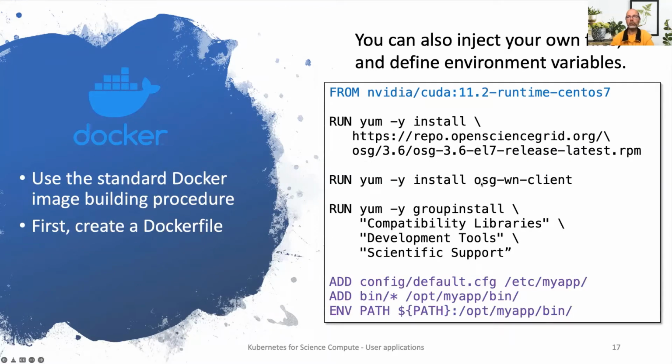But you don't have to stop at just doing yum installs. For starters, you can run any command you want, but you can also add files and set environment variables. For example, if you have your own software that you built locally, you can just inject it there, or you can create configuration files and put in default environments, and it will work.